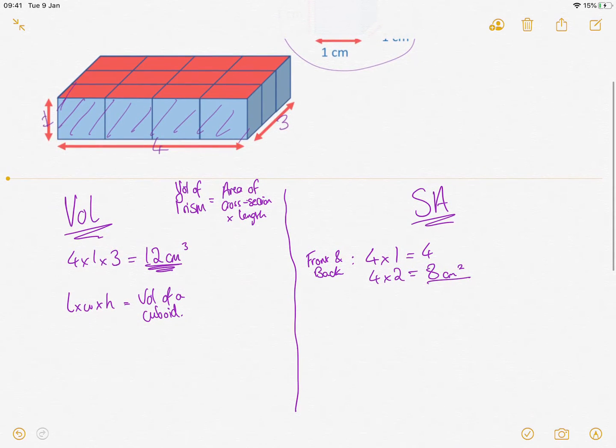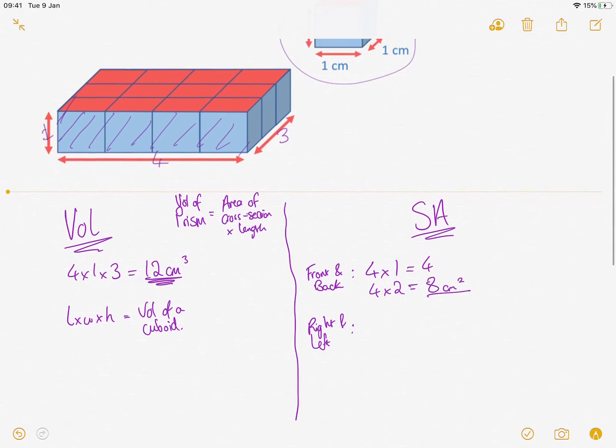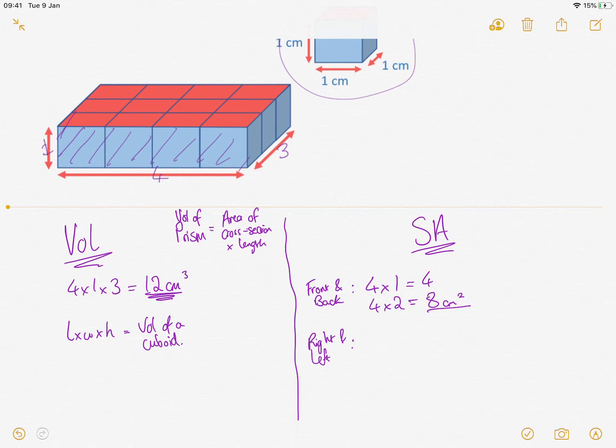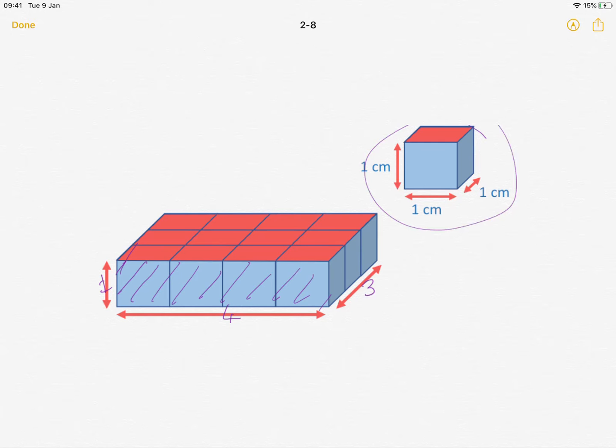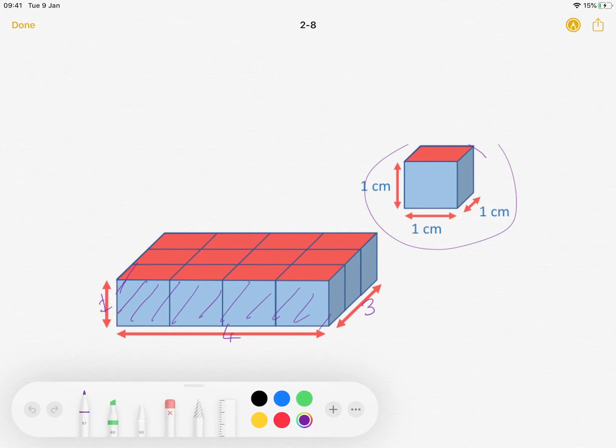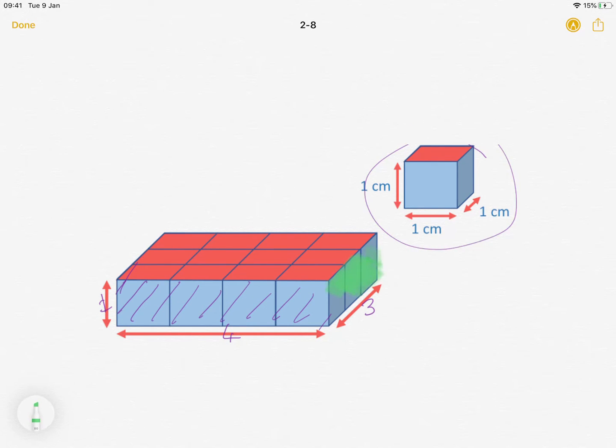Now I need to do right and left, and you don't necessarily need to do it in this order. You could have started with right and left. So my right face, let's just highlight it. My right is here, so my left is just like that side where I've just made a mark there.